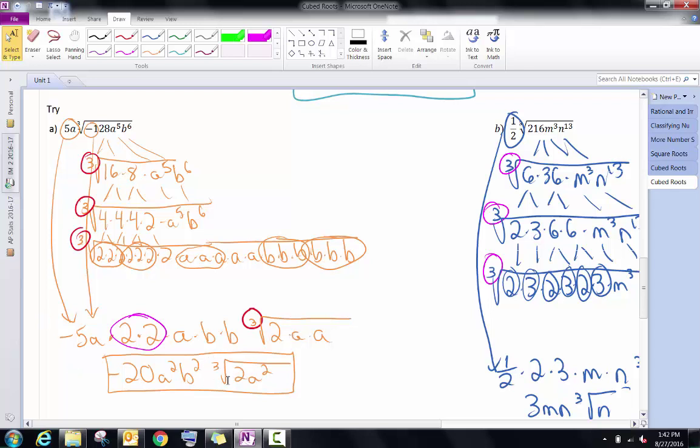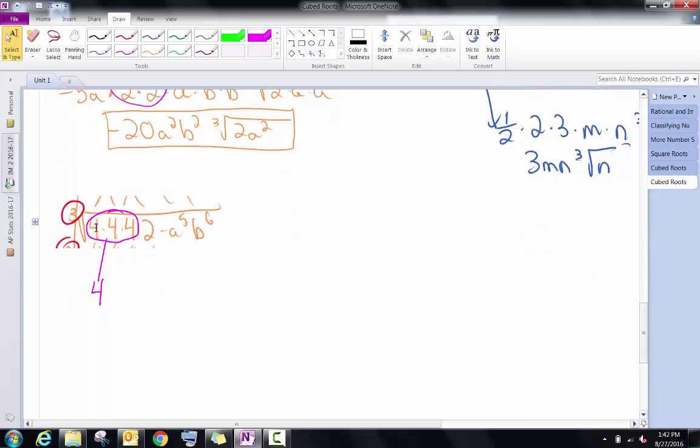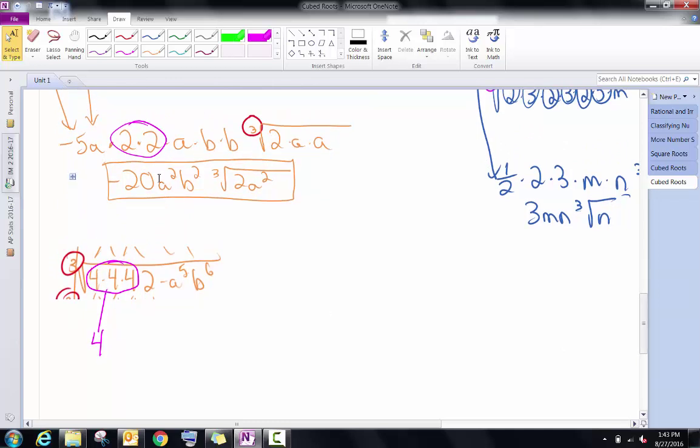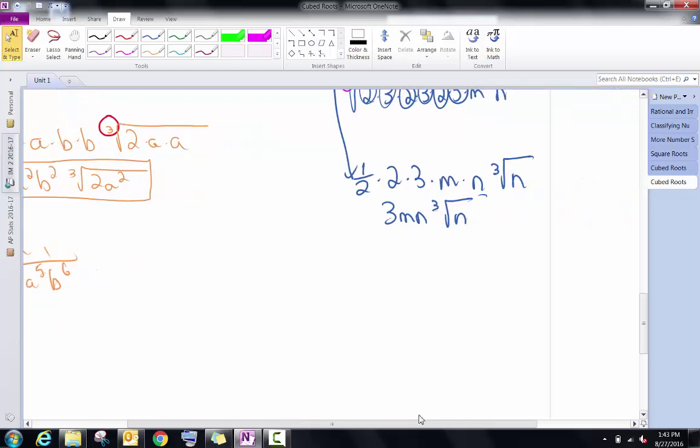And don't forget our cubed root. Now what we could have noticed when we got to here with our 4s, we could have just taken it out as a 4, because it's a group of 3, and gone a little bit further. So we could take out that group, and these 2 2s would be that 4, so that's the same thing. Or you can write it out all the way, it doesn't matter.